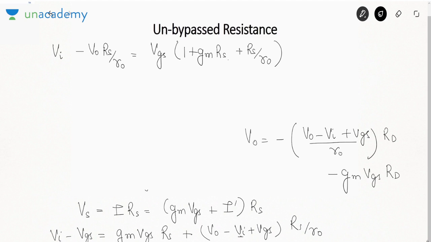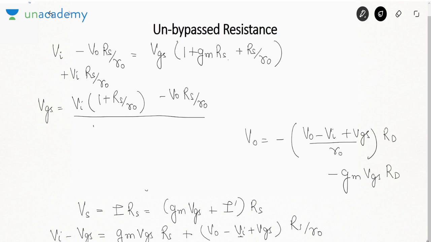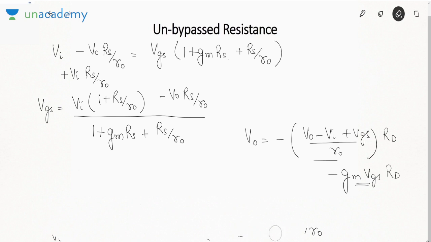And there is one more term containing Vi. So that means we can write VGS as Vi (1 plus RS by R0) minus V0 RS by R0, whole divided by 1 plus gm RS plus RS over R0. We know VGS. Now using this relation we can find out the value of V0.